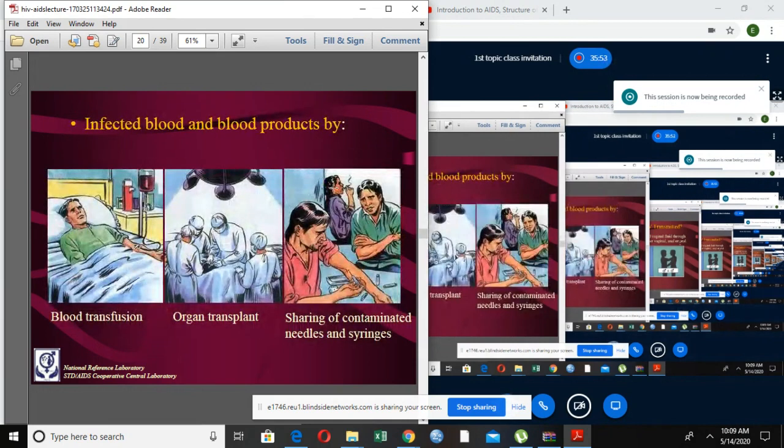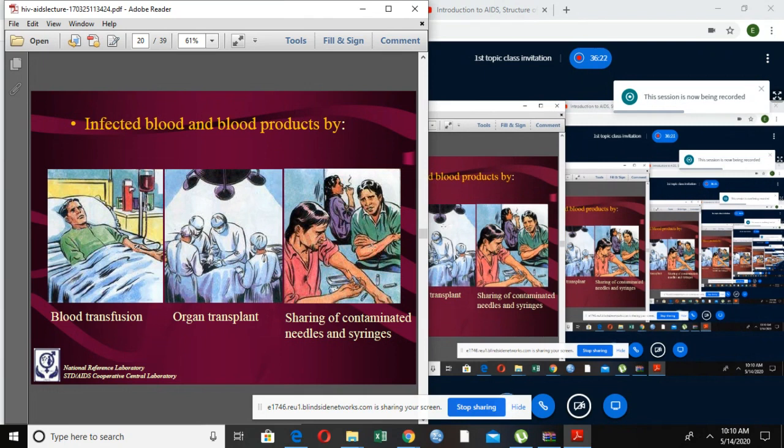Then you get into contact with infected blood and blood products, such as during blood transfusion, organ transplant, and sharing of contaminated needles and syringes. If you share these syringes, of course, you're transmitting some blood from yourself to the other person. And remember, the blood is what houses the viruses.